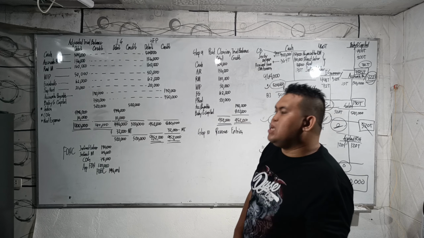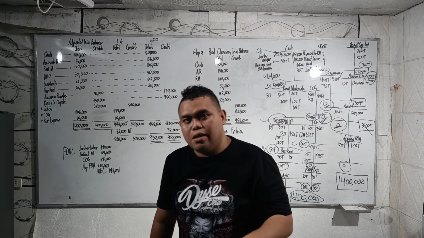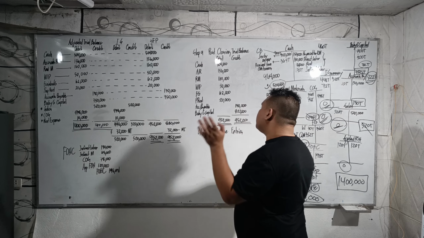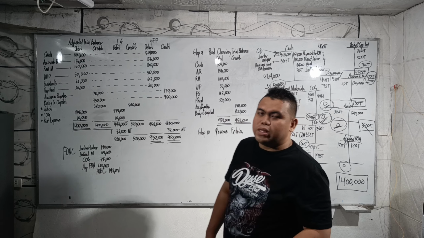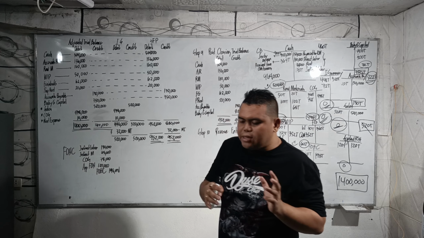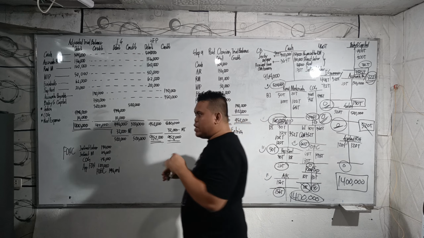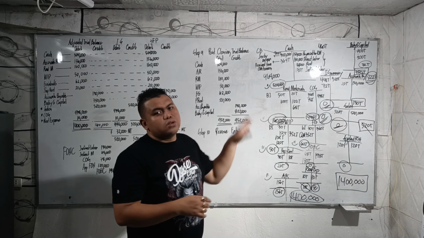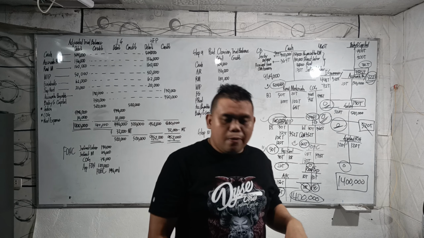Reversing entries is actually optional. Okay? So you can choose not to reverse the entries if you wanted to. And if you wanted to know the logic of why some accountants need to reverse entries, you can go to the previous videos. Okay?